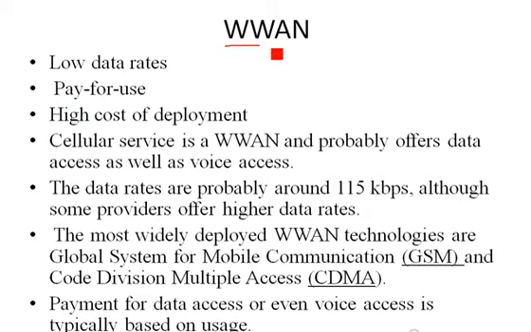Another topology, the last one, is wireless WAN. It has low data rates and is pay per use, with a high cost of deployment. Cellular service is a wireless WAN and probably offers data access as well as voice access.